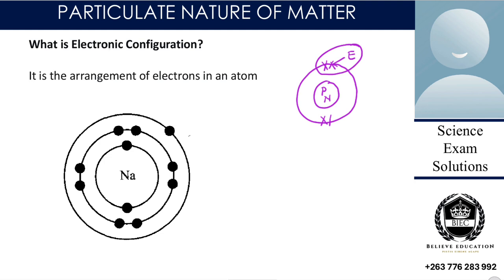In other words, electronic means we look at electrons, and configuration means we look at arrangement. So electronic configuration can be defined as an arrangement of electrons in an atom.